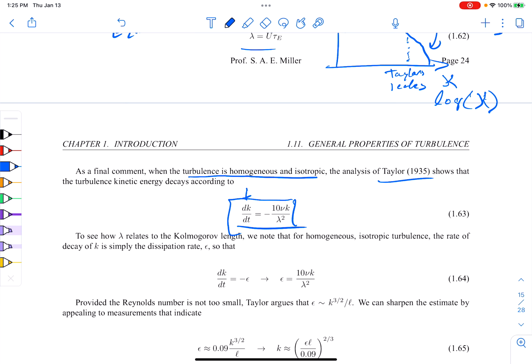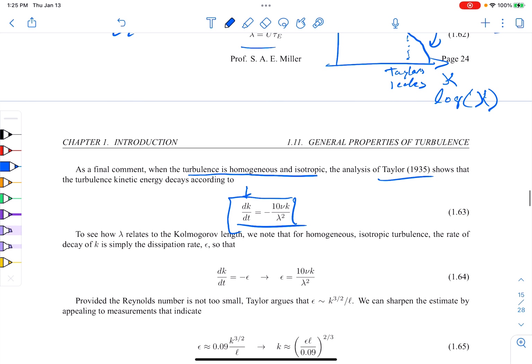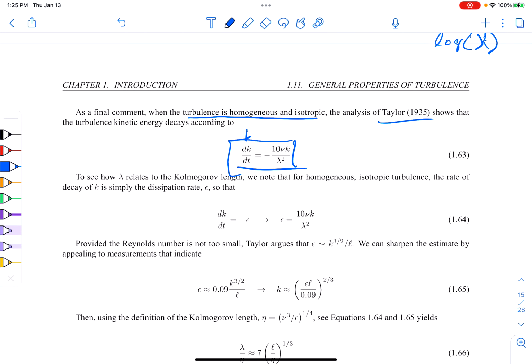So what does this mean? It means that the energy in the turbulent field is obviously decaying. There's no production. There's nothing creating turbulence. So if we were in the room and mixed up the air and just waited, it would eventually become homogeneous and isotropic, and it would decay according to this law. Now, if that's true, all the energy is dissipating at the rate of decay of turbulence.